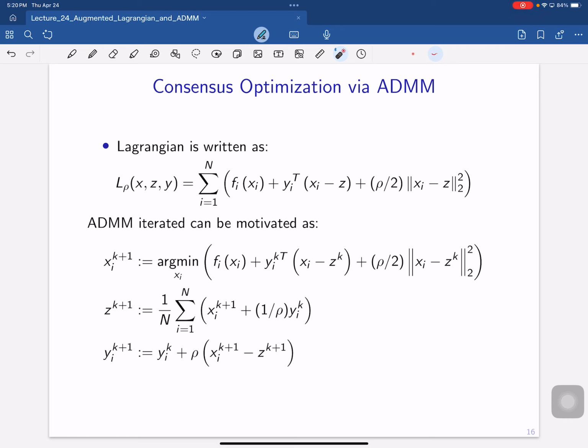Okay, so you can update each of the blocks xi separately, and then at the end of the day, you could update the z variables, then update the dual variables. Right? So this is an application of ADMM to a problem with n separate blocks.